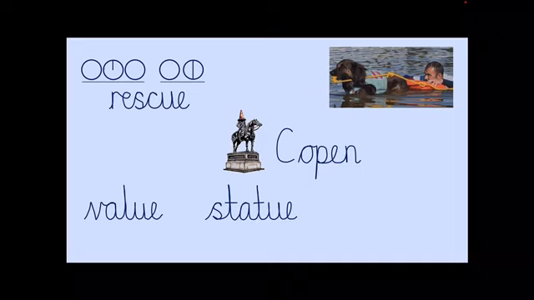No problem with that. Hay. A at the end of a syllable is an A. Copenhagen. G-E-N. Brilliant. Copenhagen. The capital of Denmark, as well as the Duke of Wellington's horse.